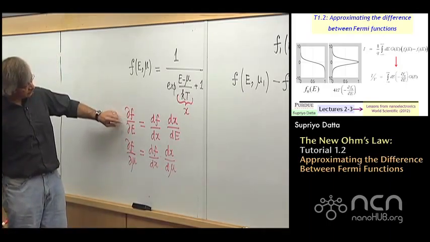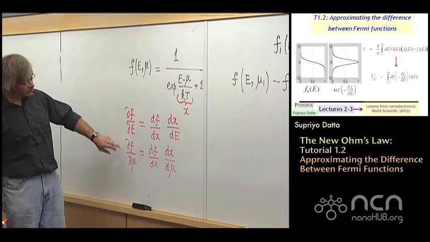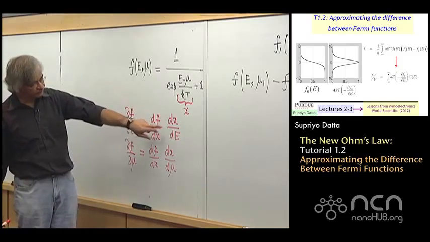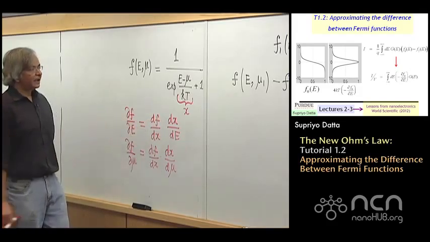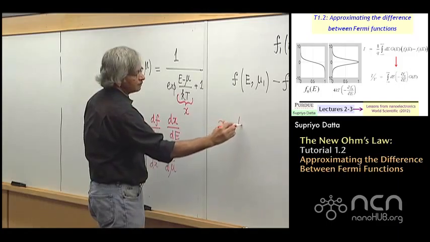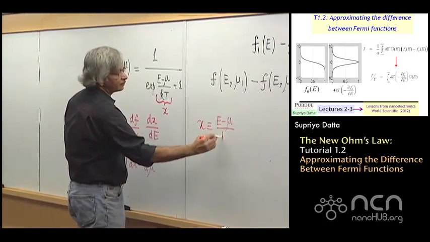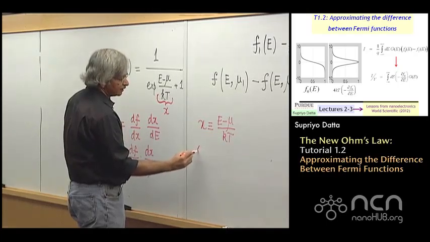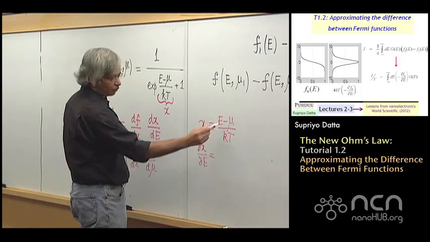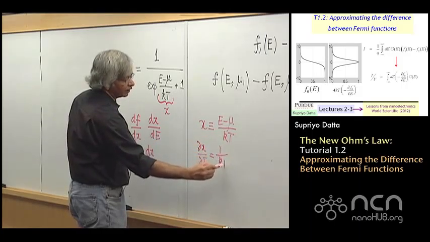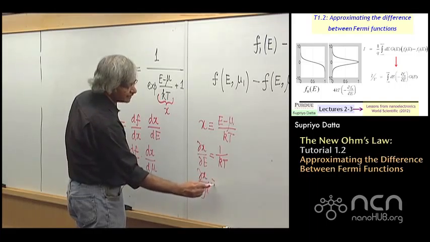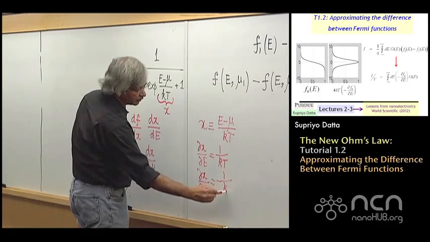So you'll notice that for the partial with respect to E and the partial with respect to mu, the first term looks the same, df dx. What is different is the second one. Since x is defined as (E minus mu) over kT, the derivative of x with respect to E is 1 over kT, while the derivative of x with respect to mu is exactly the negative of that, minus 1 over kT.